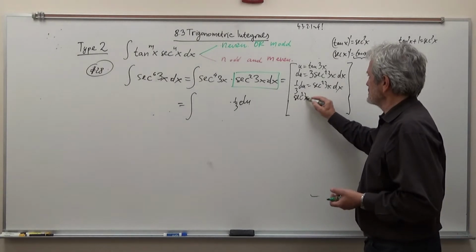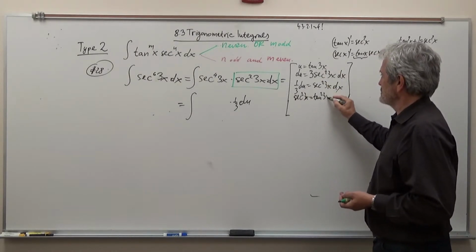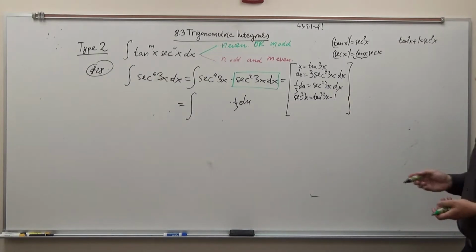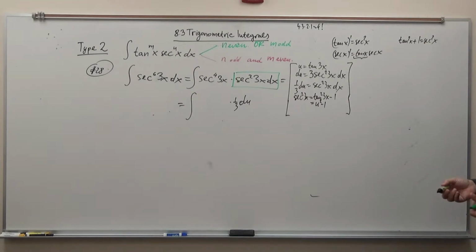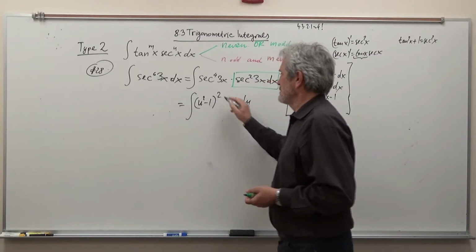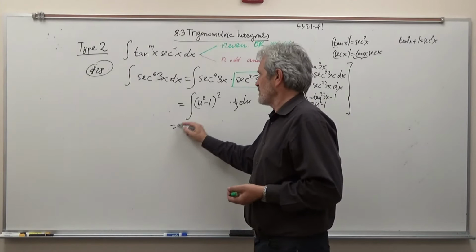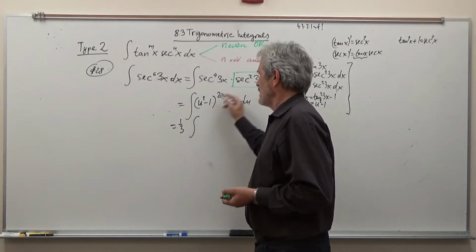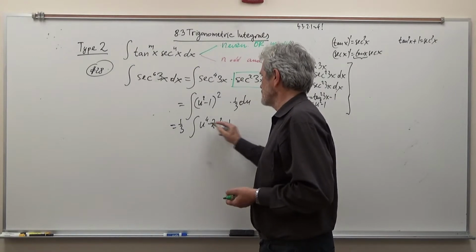Secant squared 3x is tan squared 3x plus 1, which is just u squared plus 1. And I have secant to the 4th, so that will be u squared plus 1 squared. Here it is. This is now absolutely basic. I pull out 1/3. I raise to the power, I'll get u to the 4th plus 2u squared plus 1.